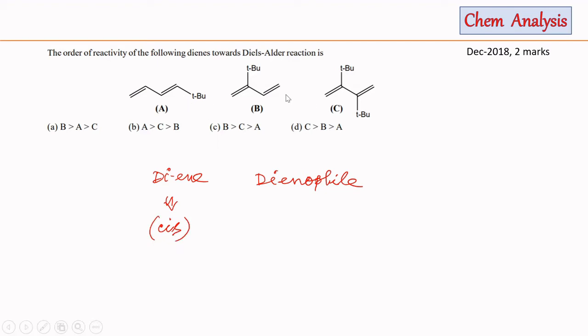Now in all the cases we can see that the species are all dienes, and first we have to see the tendency of the diene to orient in cis conformation. If we draw the first structure, then in this structure there is a possibility of rotation along this carbon-carbon single bond to orient this in cis conformation.